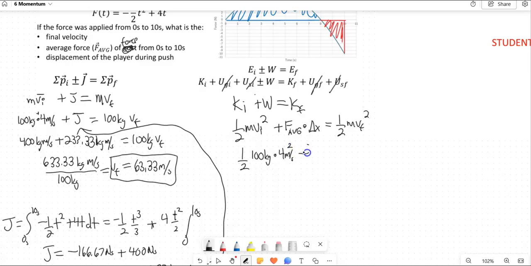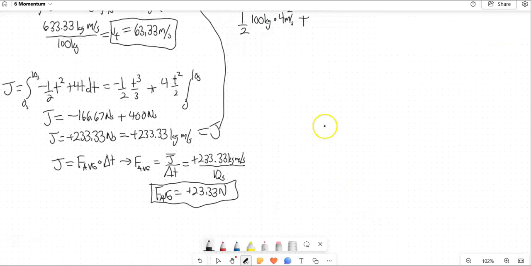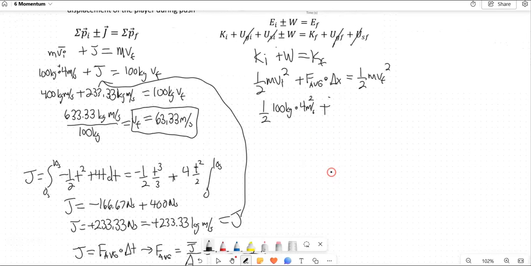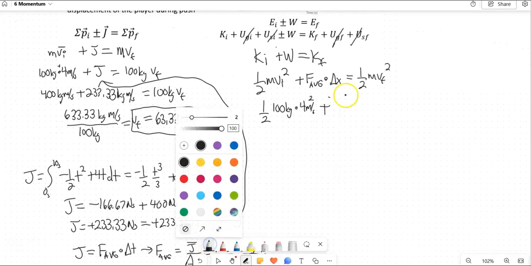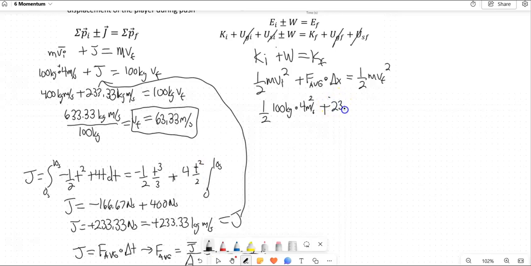That average force that we figured out was 23.33 newtons, times the displacement, which is going to be equal to the final kinetic energy, which is going to be 100 kilograms times 63.33 meters per second that we're going to square.